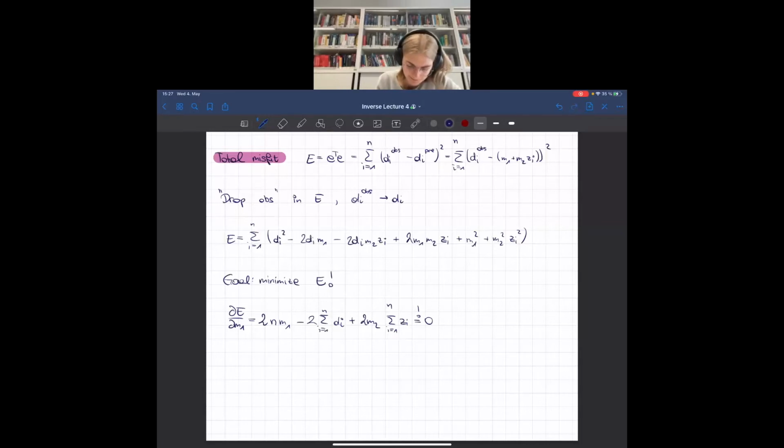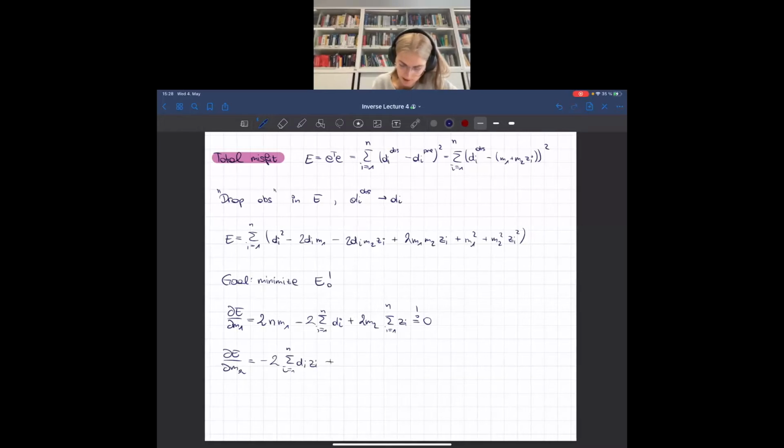Number 2. We have minus 2 and then the sum of the di zi. Then we have 2 times m1 sum of the zi.